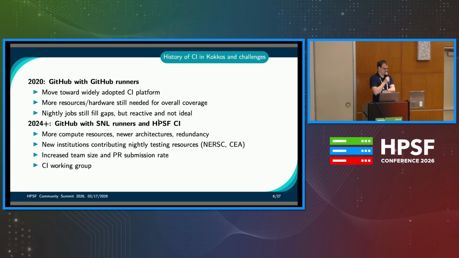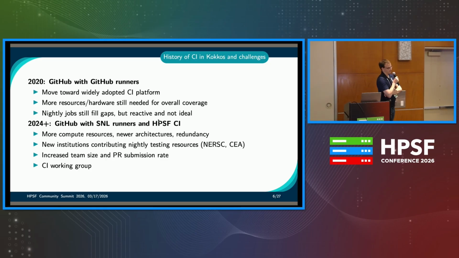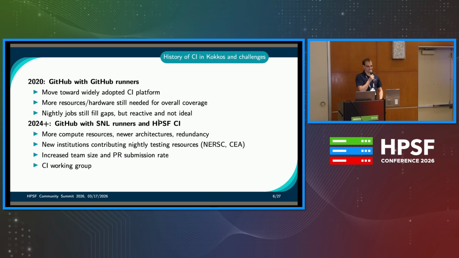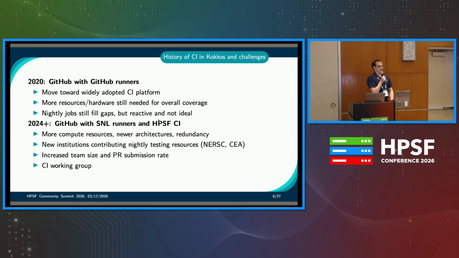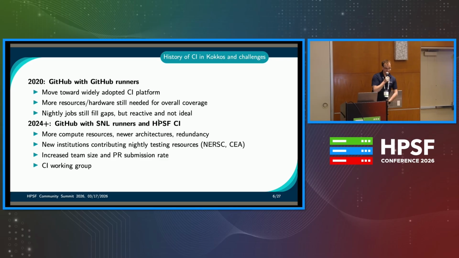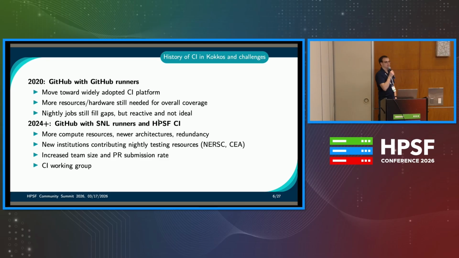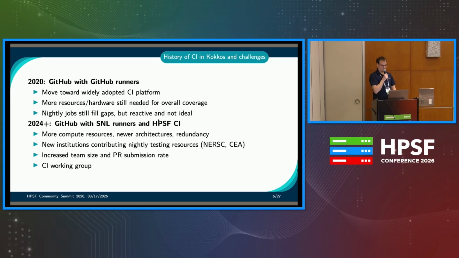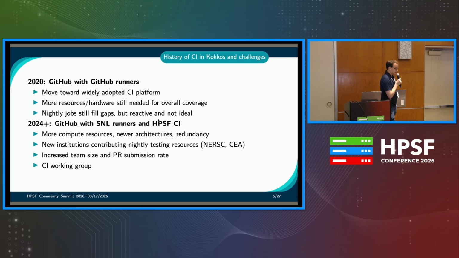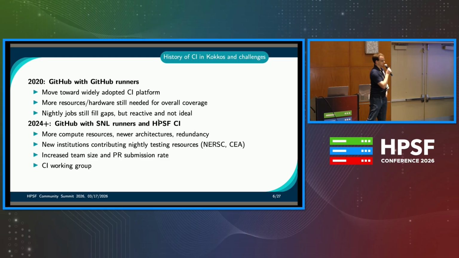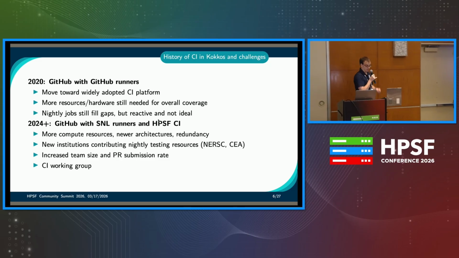And then 2024 really ramped up, with all our institutions participating in Kokkos providing some kind of CI, also representing a little bit more the interest in particular builds. We have CEA and then NERSC also patching in a little bit. And then we also founded the CI working group after the HPSF working group was founded. This is now really working well for us.